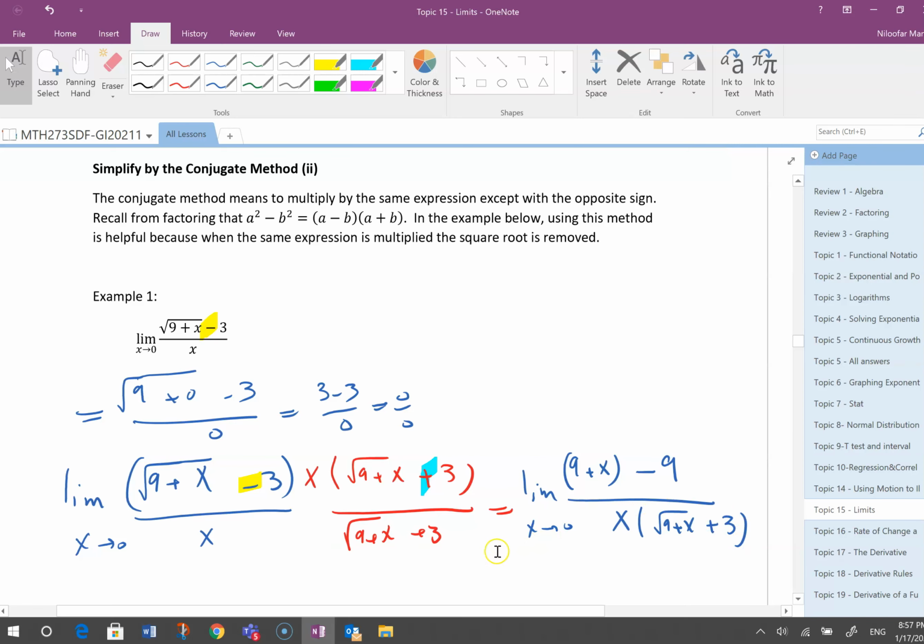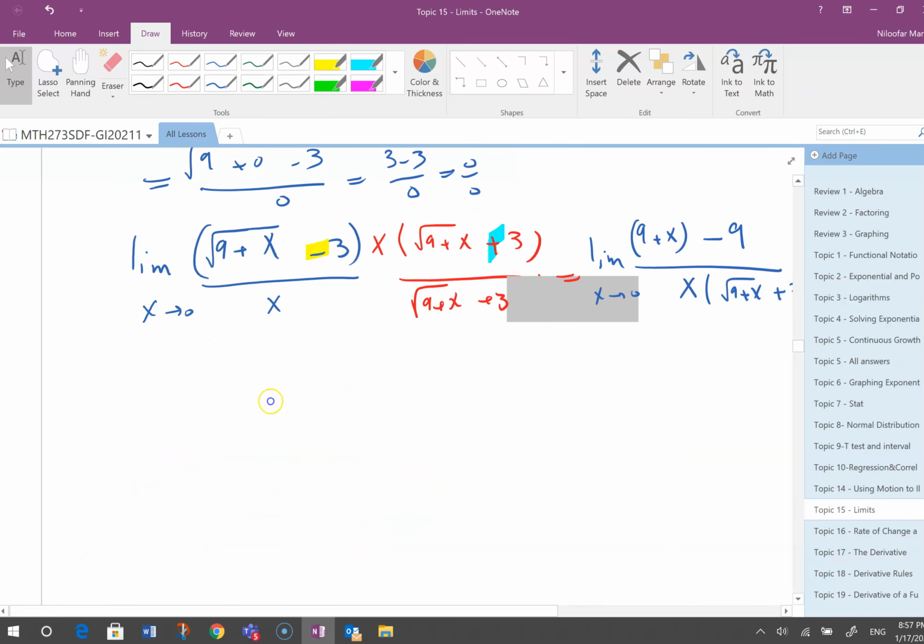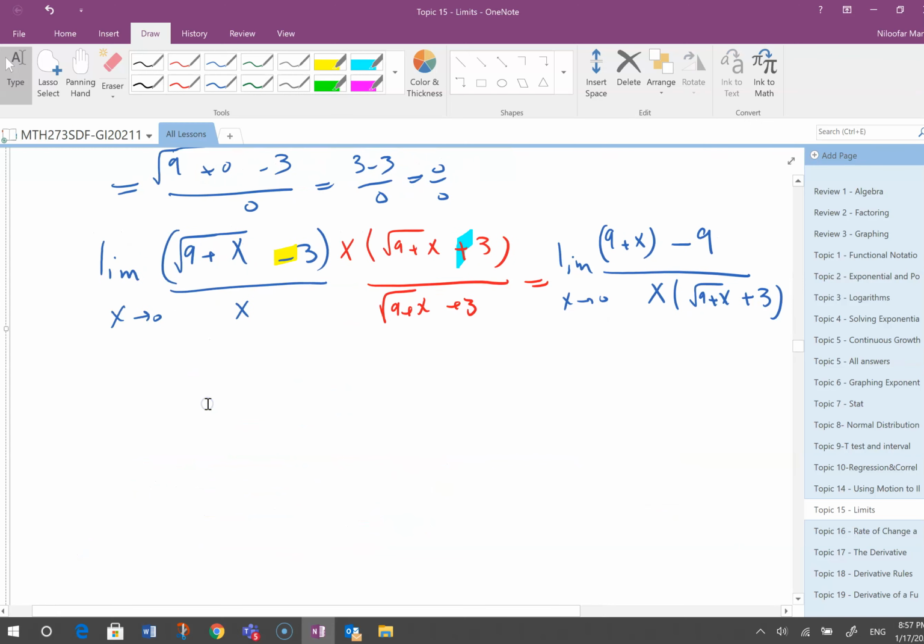Now I try to calculate and simplify. Limit as x goes to 0. What is 9 plus x minus 9? 9 and 9 cancel, so then I have x over x times this.